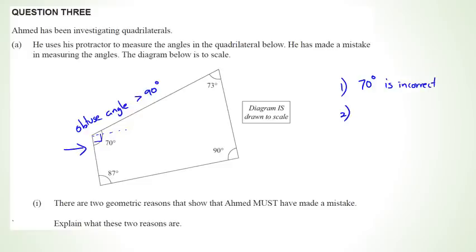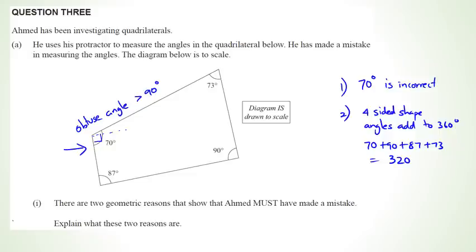And what's the second mistake? The second mistake is he's got a 4-sided shape, so the 4-sided shape angles must add to 360. In this case we've got 70 plus 90 plus 87 plus 73, and that actually equals 320.